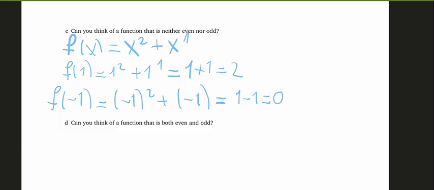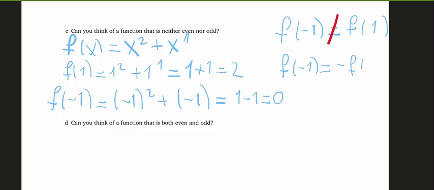Lo and behold, if this were an even function, then we would have had f of negative 1 equals f of 1. Not. Good. If this were an odd function, we would have had f of negative 1 equals negative f of 1. Unfortunately, that's also not the case. 0 is certainly not equal to negative 2, so that's not the case. Here is a function that is neither.